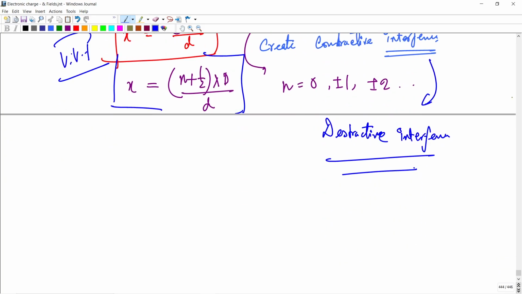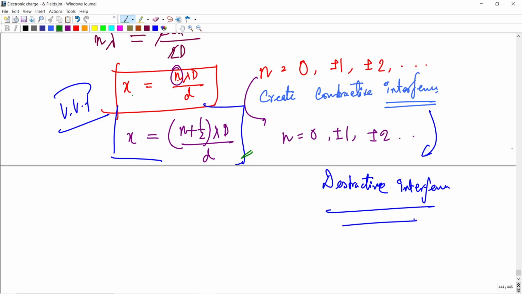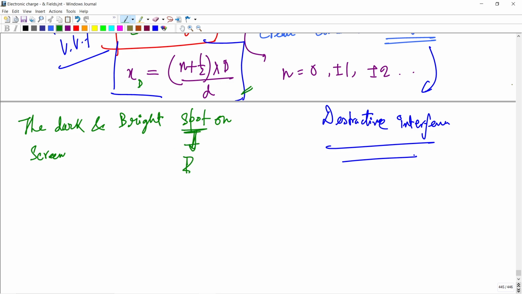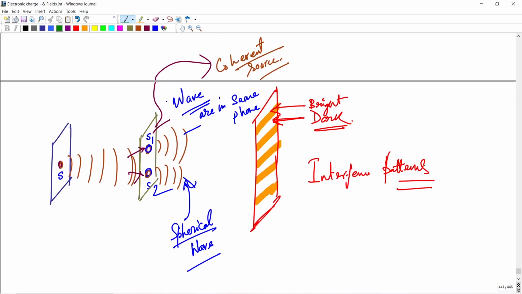It is a very short question, you get 1 mark. Fringes are the dark and bright spots on the screen after solving these two expressions for constructive and destructive. The scientific name is fringes, these patterns are called fringes.